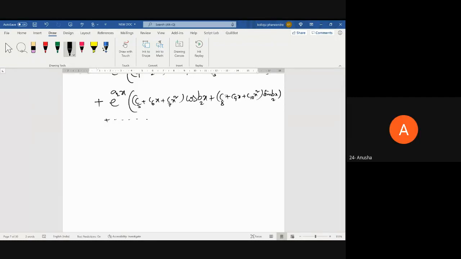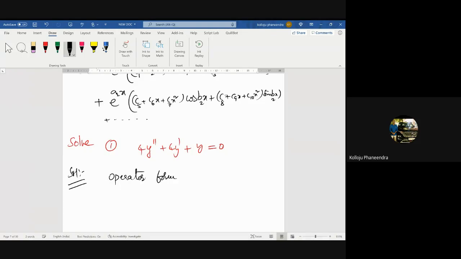No, sir. Okay. Now, solve this problem. 4y double prime plus 4y prime plus y equal to 0. Solution. First, you have to write the operator form of the differential equation.